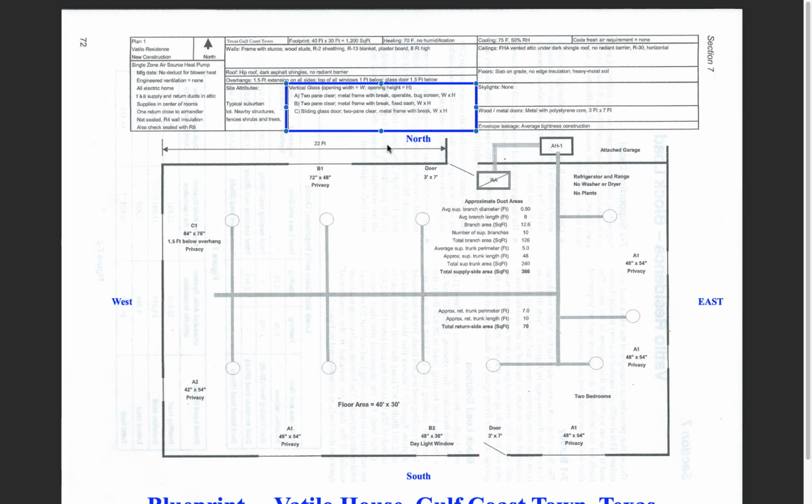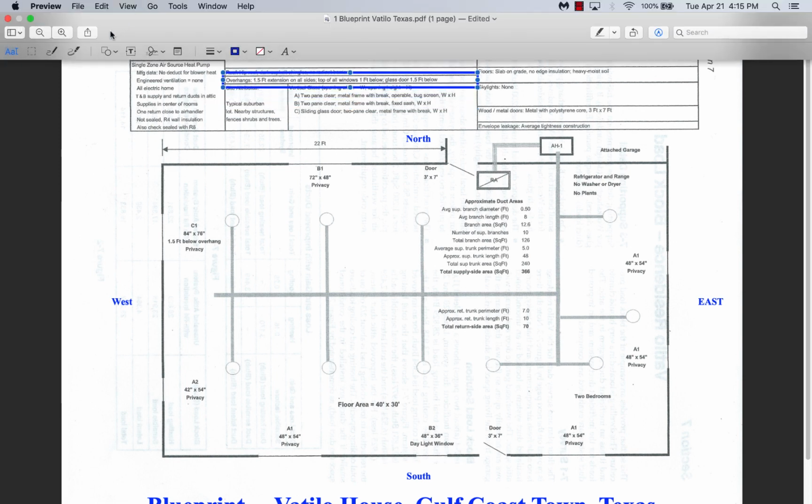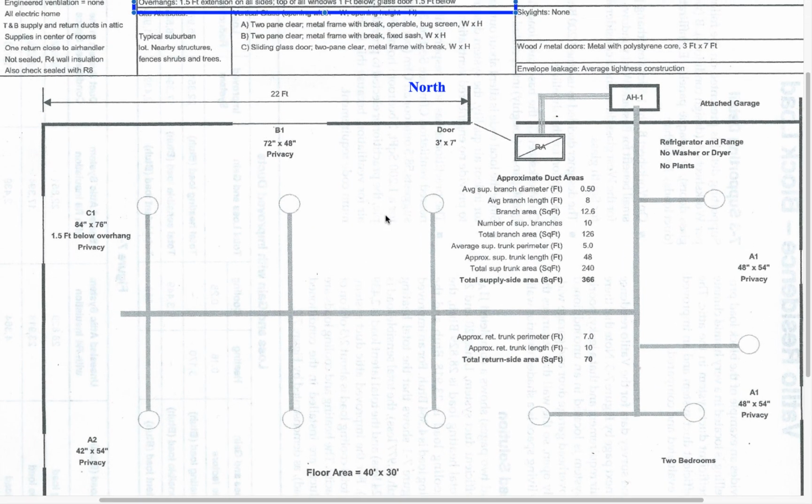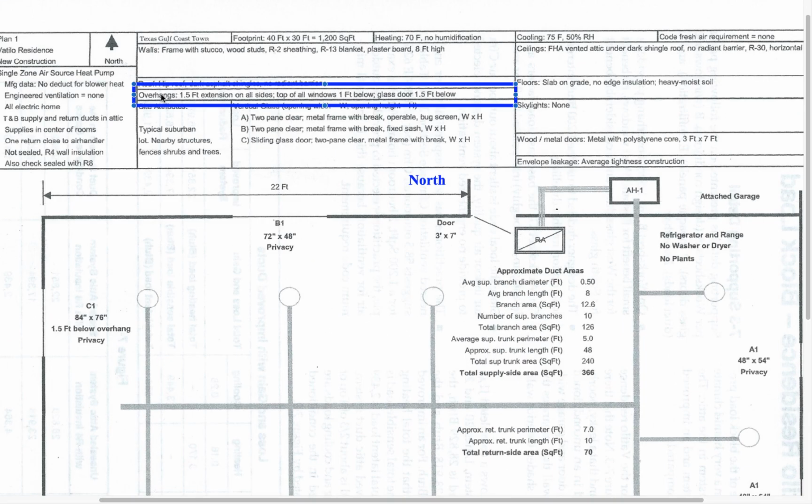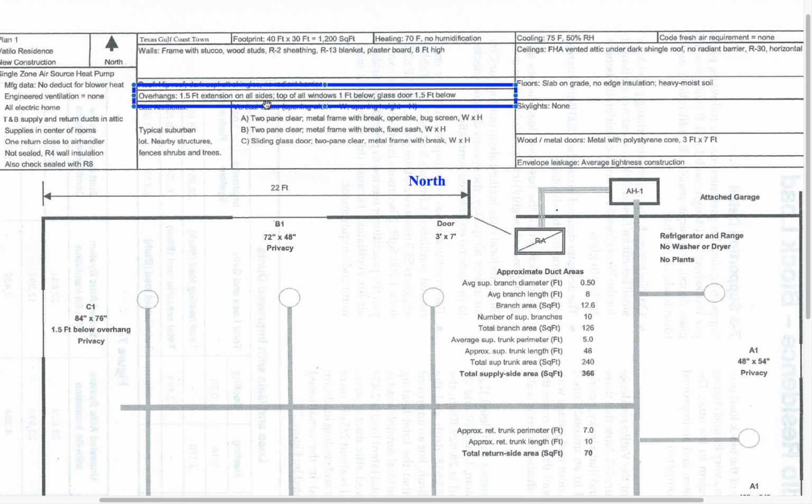The only other thing that you would need to know is right here, the overhang. Now this will come up in the later parts, and it's right there. Let's zoom in on that. Your overhangs. This is the edge of your roof and how far your eaves and soffits come over the edge. So we have a 1.5 extension on all sides, so it's a hip roof because it extends on all 4 sides of the house.